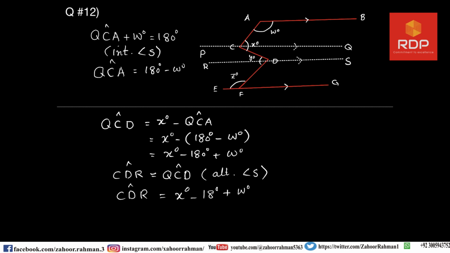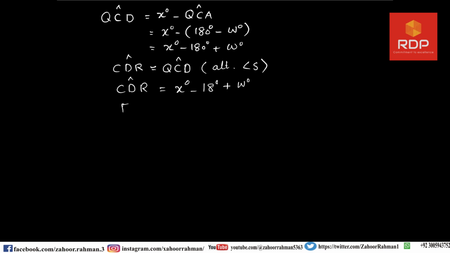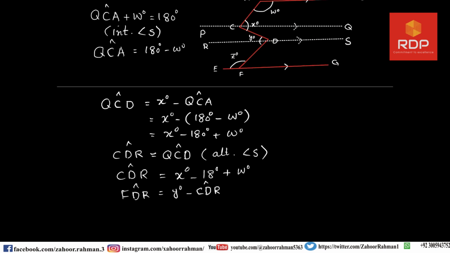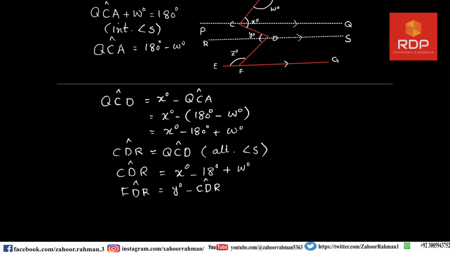FDR is equal to the found value of y degree, from which we have to subtract CDR.